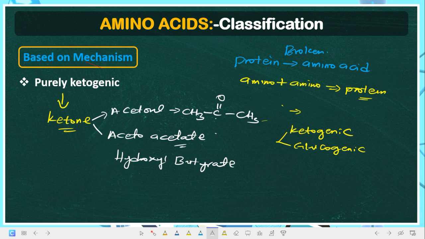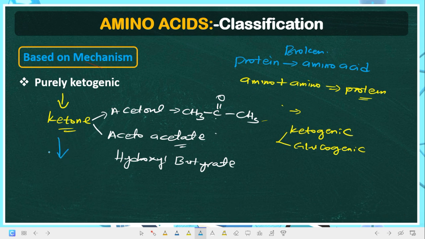But for this case, let us just know that those that form ketone bodies are said to be ketogenic. The three ketone bodies formed are acetone, acetoacetate, and hydroxybutyrate.